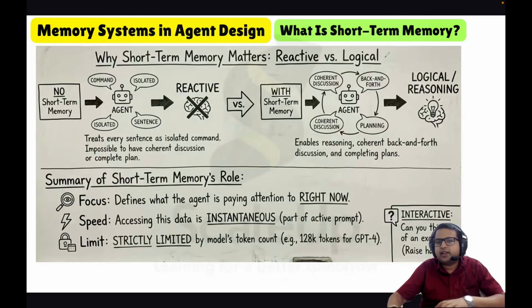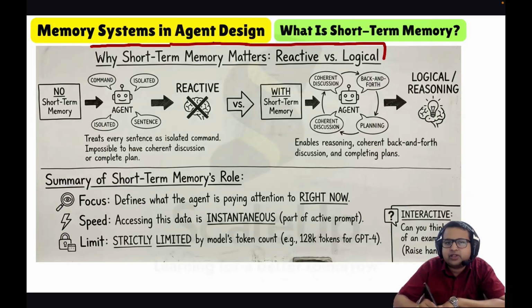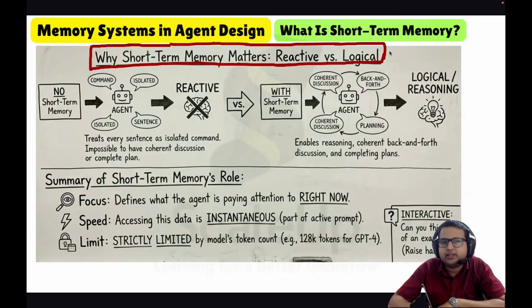Now let us understand the importance of short-term memory, why short-term memory matters, reactive versus logical. So let us understand the importance of short-term memory in agentic AI systems. See, without short-term memory, the agent cannot reason.